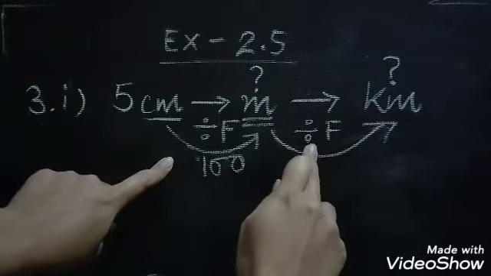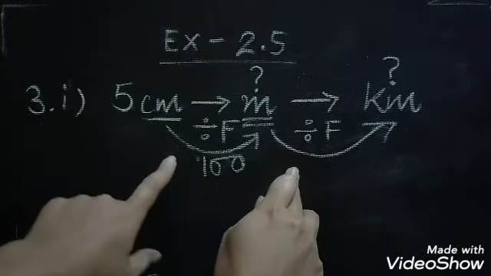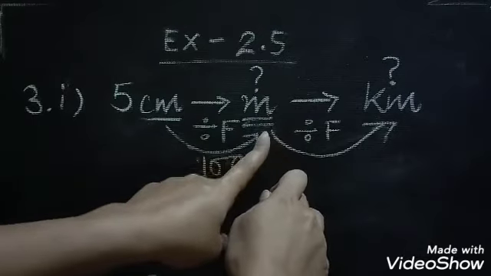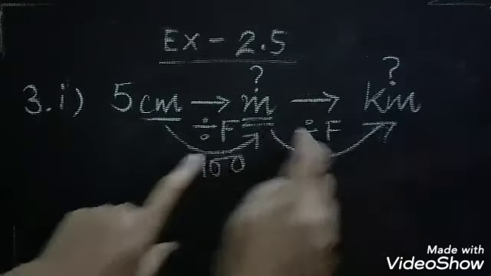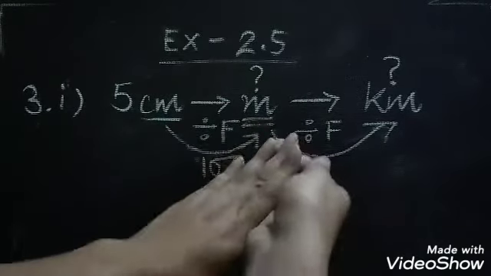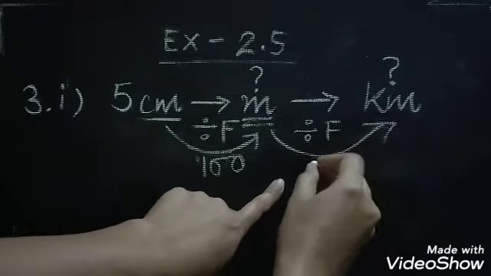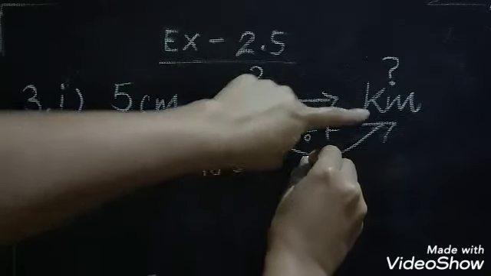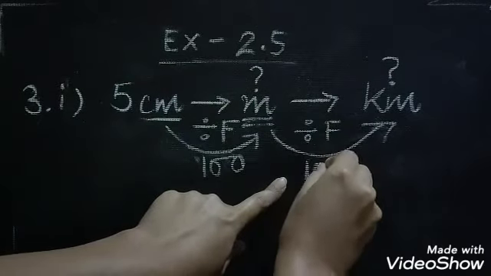So here again division by the factor will happen, but the conversion factor between meter and kilometer is not 100, because 1000 meters come together to make 1 kilometer. So the conversion factor between meter and kilometer is 1000.